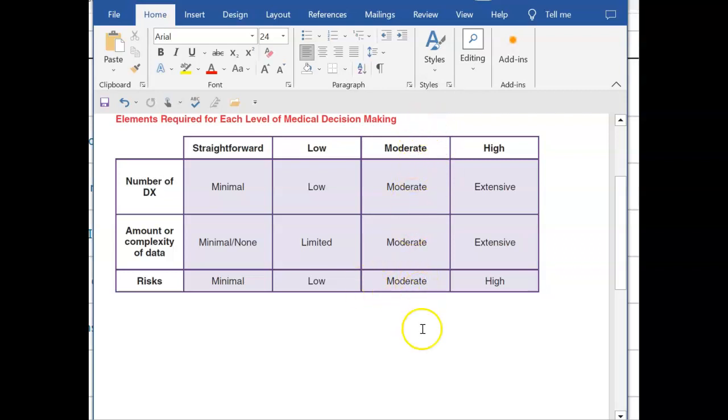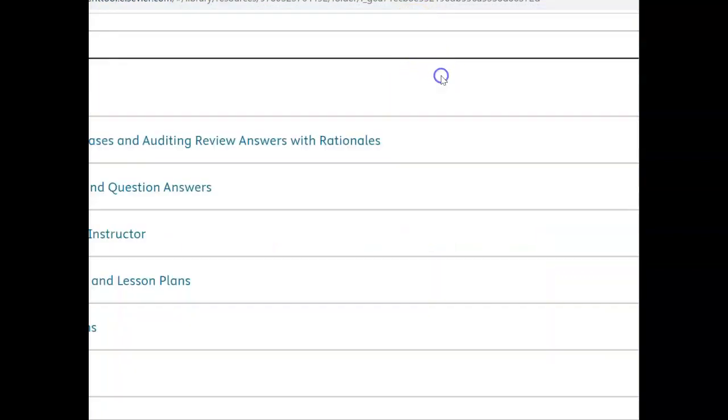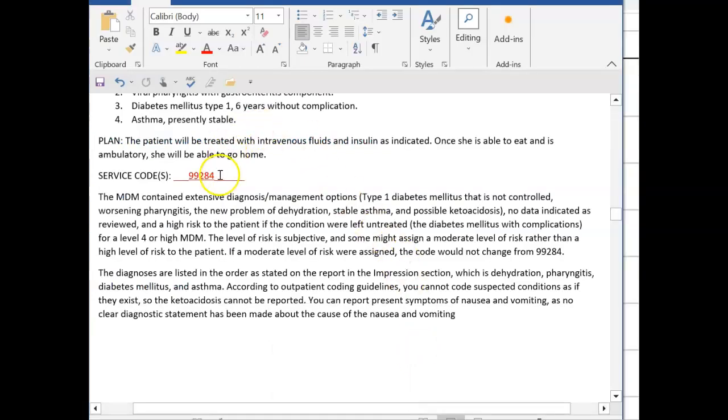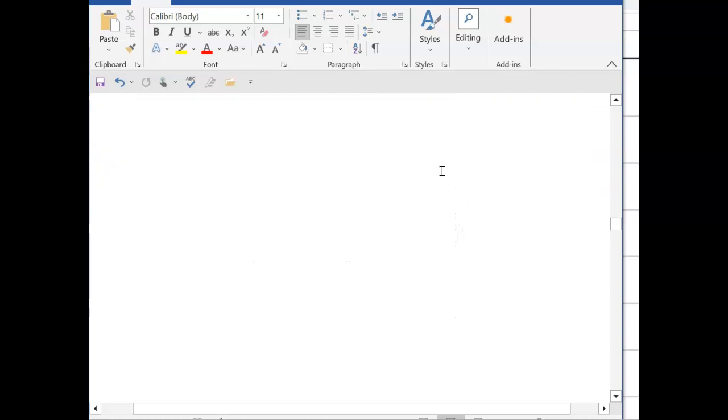So with that, that's going to take us to code 99284 on this one. So 99284. If by chance you do have a 99285, I will go ahead and let that go for auditing purposes and grading, I should say.